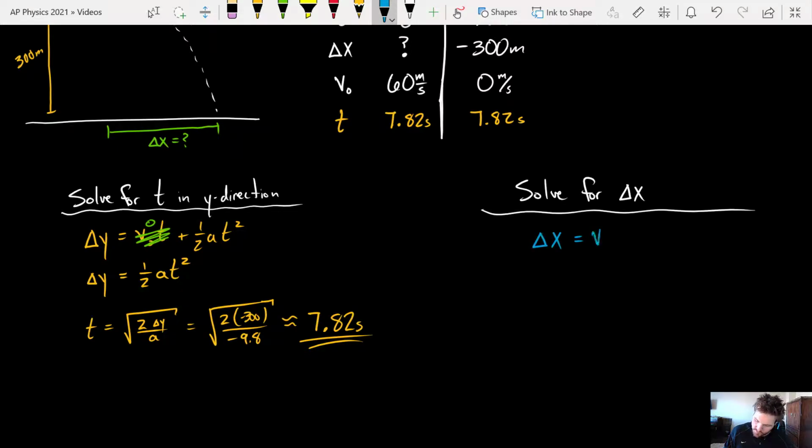This is a really fast one, because acceleration in the x direction is always 0, so that chunk goes away, right? And now I'm just left with delta x equals velocity times time, which I know those things. 60 meters per second.